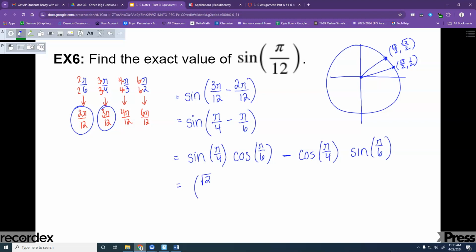Root 2 over 2. Don't keep your sine there. Sine of pi over 4 equals root 2 over 2. You're replacing the whole thing. What is cosine of pi over 6? Root 3 over 2. And then cosine of pi over 4? Root 2 over 2. And sine of pi over 6?